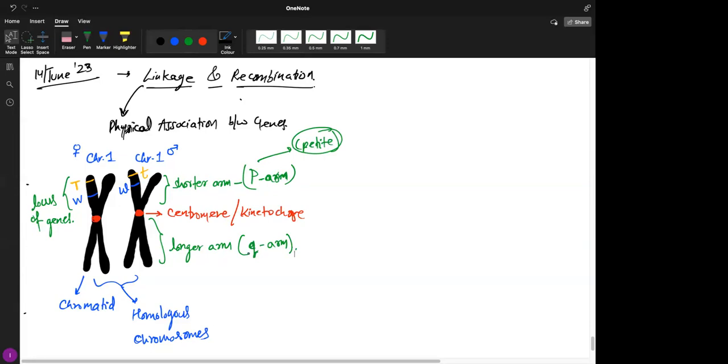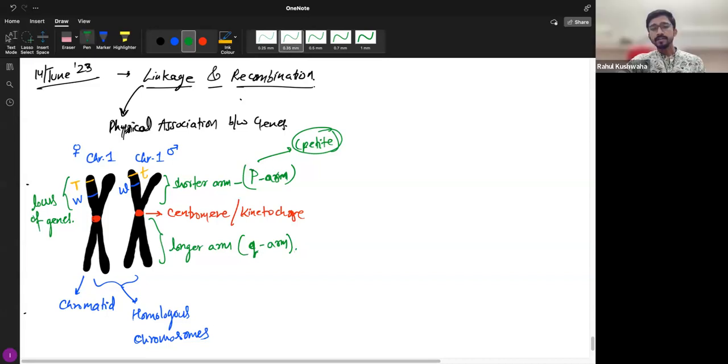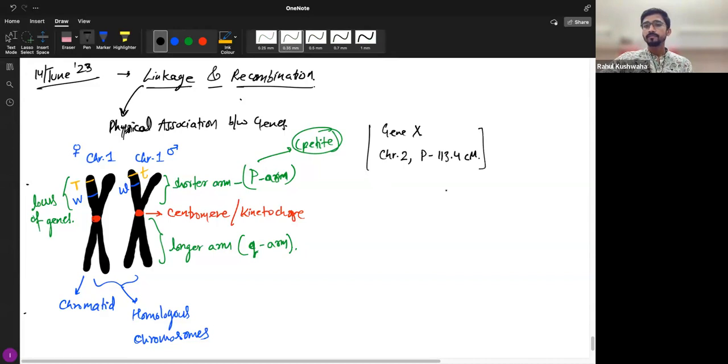Perfect. This is how we actually define the position of genes, the locus. Sometimes, especially in your higher studies, if you go on to pursue genetics, you will find it written that this is gene X, let's say, and its position will be chromosome 2, P 113.4 centimorgan.